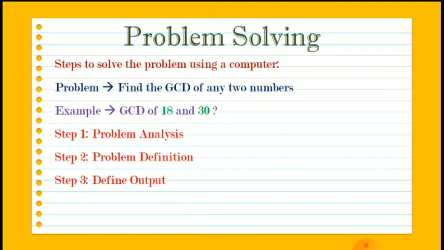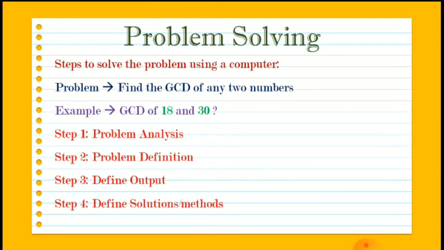The third step is define output. So here specify what output is expected after the processing. In the given example, 18 and 30 are the two numbers and we have to find the GCD of those two numbers. So the answer is 6. So 6 is the expected output of the given problem, which is the GCD of 18 and 30.